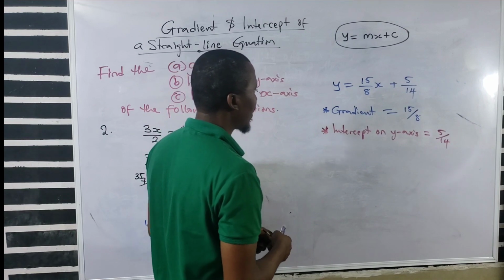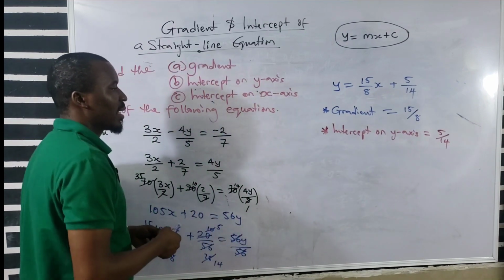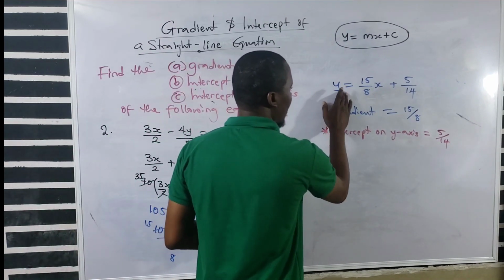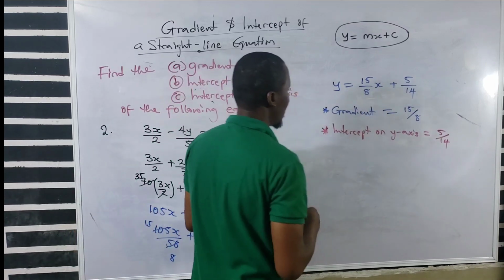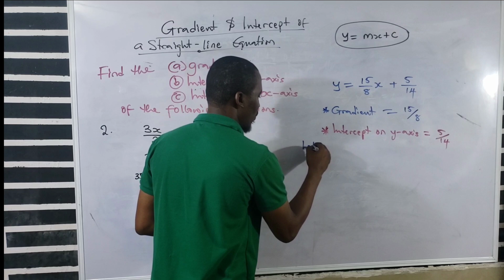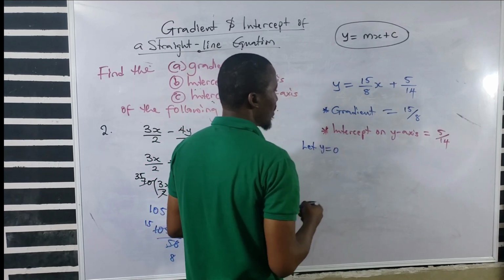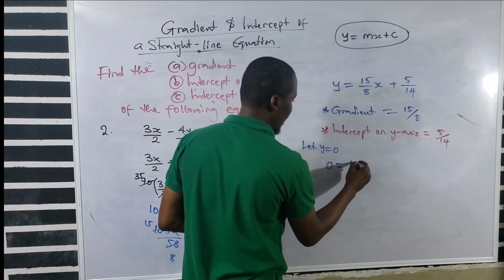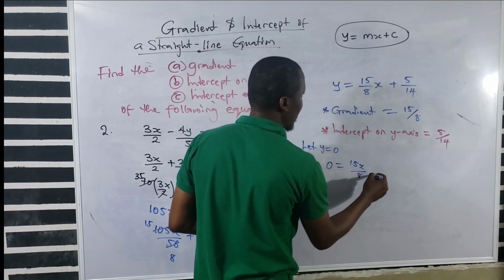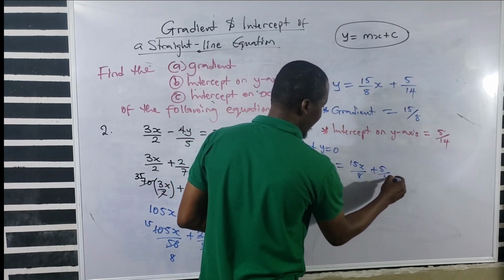So the next thing now is to solve for the intercept on the x-axis. And how do we solve for the intercept on the x-axis? That is by making y equal to 0, then we find the value of x. So let y equal to 0. For y equal to 0, I'll have that 0 equals 15x over 8 plus 5 over 4.